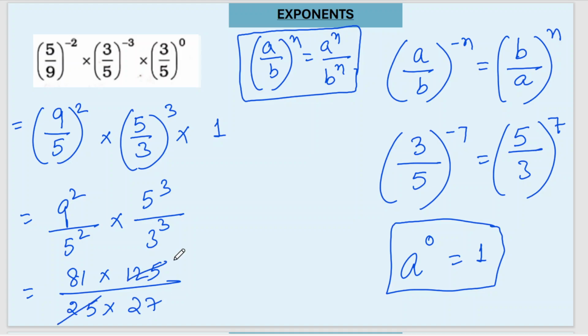You can cancel that 5 times and this one 3 times. So final answer will be 15. Okay. And we can do it by another method also. If you have the concept of division, how powers behave in the case of division, we will discuss in a later slide.